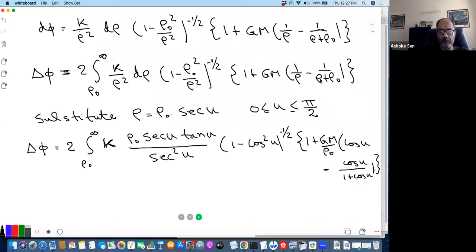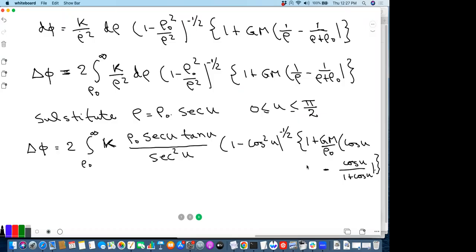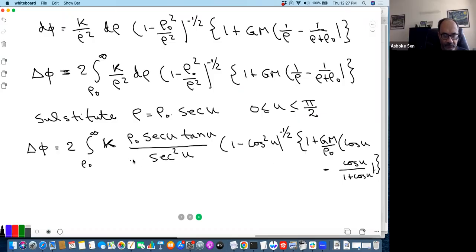Okay, you just have to substitute rho equal to rho naught times sec u, and then write sec as 1 over cos. I think there should be a rho naught square next to sec square u also. Yes, thank you.